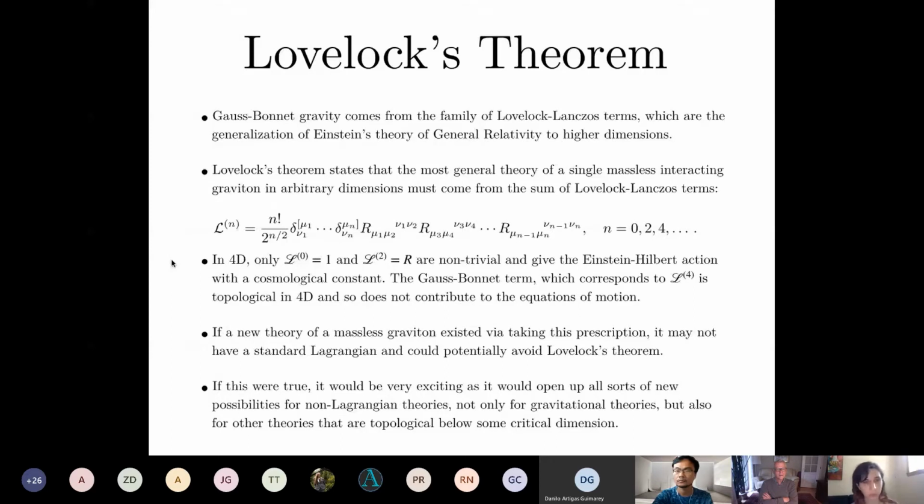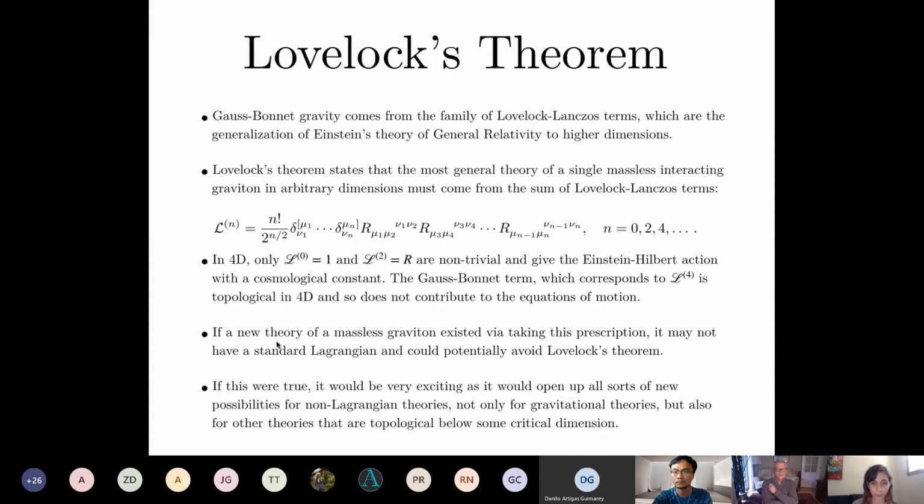In 4 dimensions, only L0 and L1 are non-trivial, and this corresponds to the cosmological constant and the Einstein-Hilbert term. The Gauss-Bonnet term, which would correspond to L2, is topological in 4 dimensions and so doesn't contribute to the equations of motion. If a new theory of a massless graviton existed via taking this prescription, maybe it just doesn't have a standard Lagrangian and so could possibly avoid Lovelock's theorem.